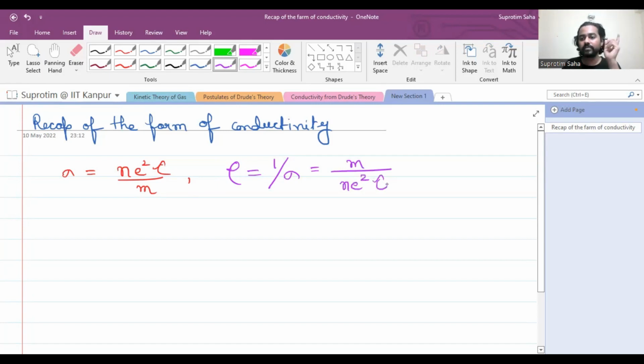So this is the form that we got for conductivity and resistivity from last class, and it was the conclusion from Drude's basic assumptions. He assumed that kinetic theory has a role to play in it. He translated the basic postulates of the kinetic theory into explaining the conductivity or the resistivity of solids.